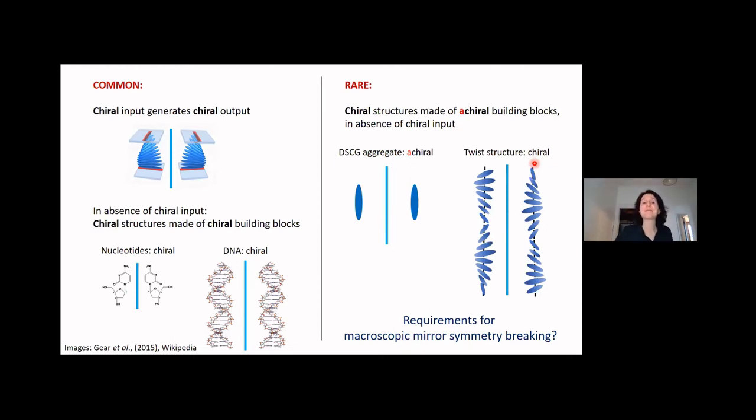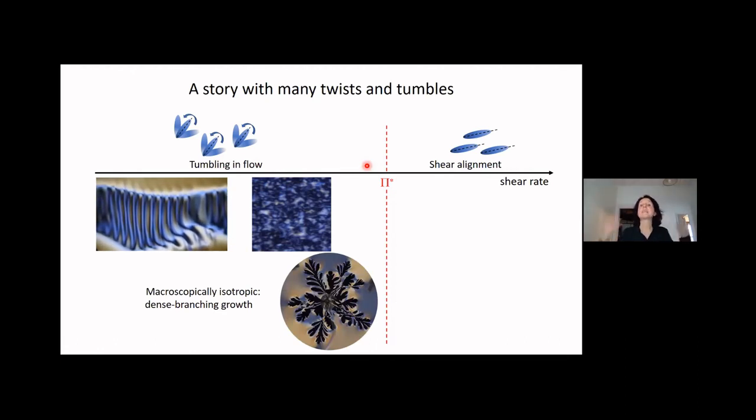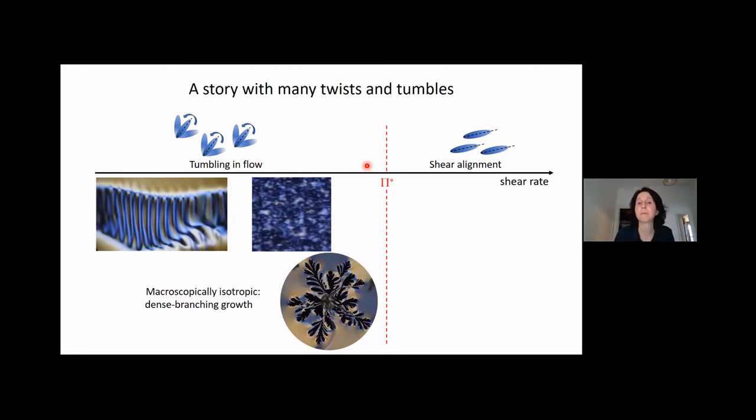And so with this, I'm coming to the end of my story. I hope I could show you some of the rich physics that emerges in these flowing lyotropic liquid crystals. I showed you that as a consequence of the small twist elastic constant that characterizes these materials, they spontaneously form chiral double twist structures or pure twist disclination loops. However, macroscopically, all these structures in the tumbling regime look isotropic, as evidenced by the dense branching growth in the viscous-fingering instability.